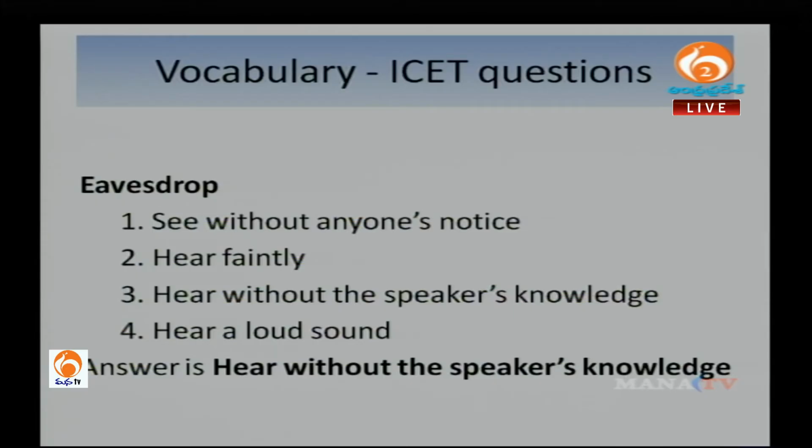Like that I can look at them, but they would not know if I'm doing my own thing or I'm walking by, I just hear what they're saying, right? So that is eavesdrop. Answer is hear without the speaker's knowledge. So there's a speaker, he doesn't know that you're able to hear him, and you're listening to them. They don't know that you're listening to them. That is what is eavesdropping.